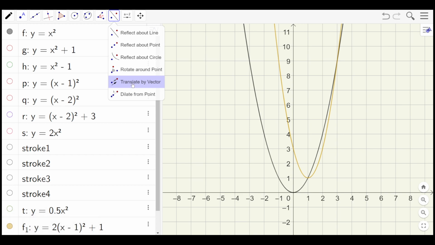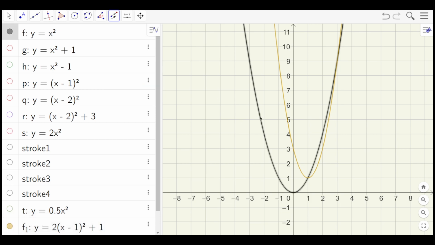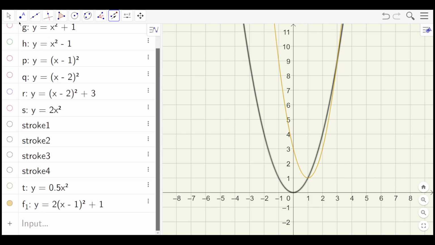So that's a translate. Okay, so here, that's a vector. I choose this translate, I click on the black one, and I ask GeoGebra to shift it 1 unit to the right. Okay, this doesn't work like that. So let me define a vector for you.